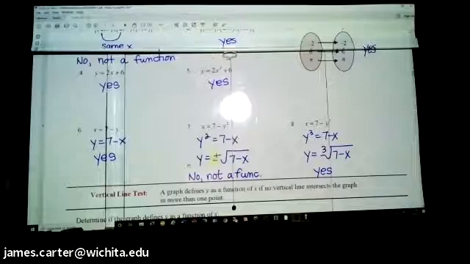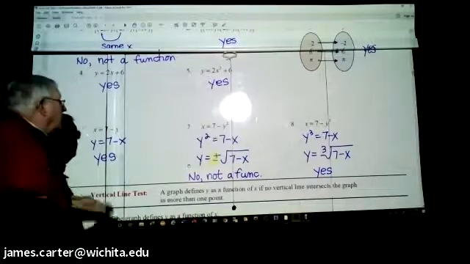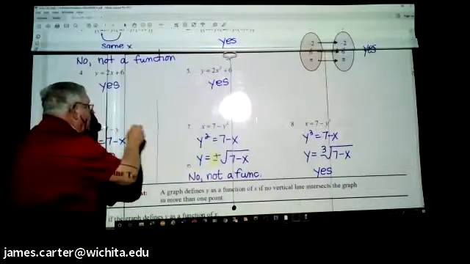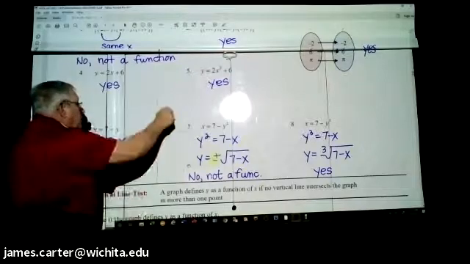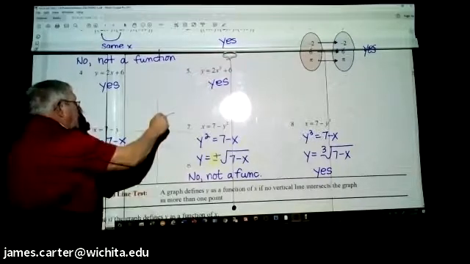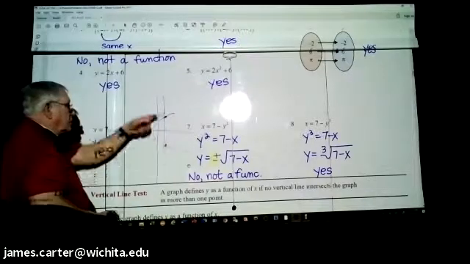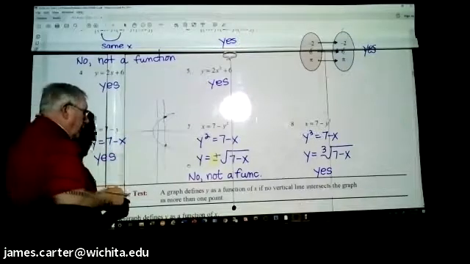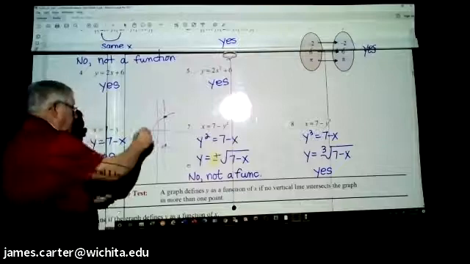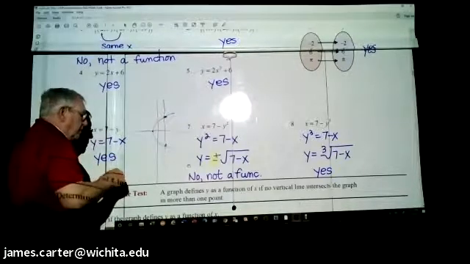Now number 7, when you graph it, it's going to look something like this. So there are two values for each x value. In some cases, there'll only be one right there.